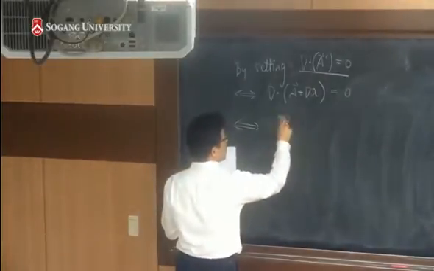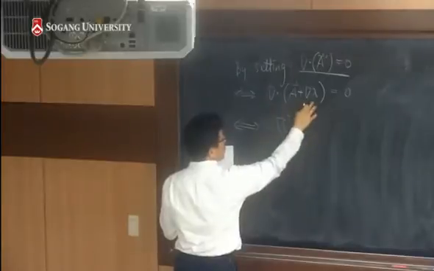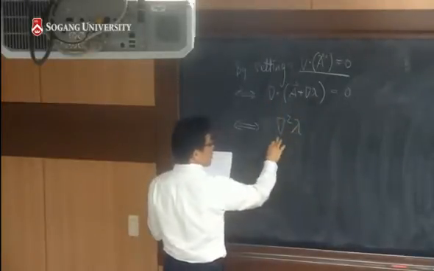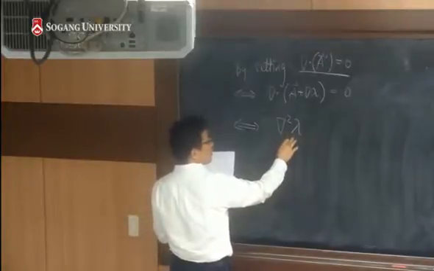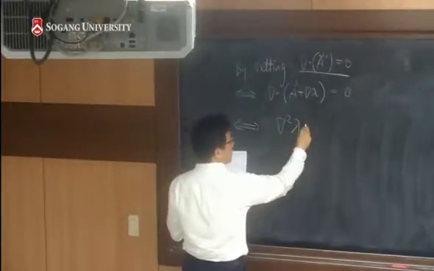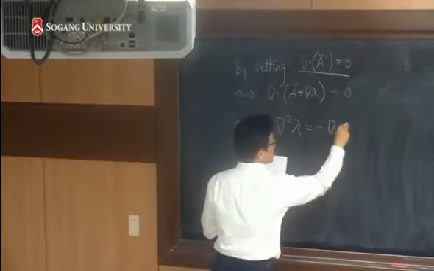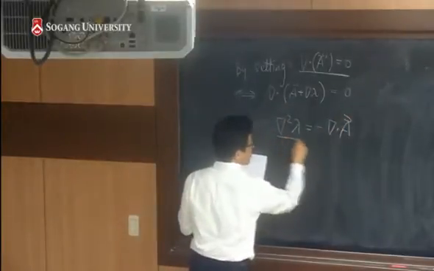In a way, the first term will be the Laplacian of the scalar field, and the second term is minus the divergence of the vector field A. Okay?